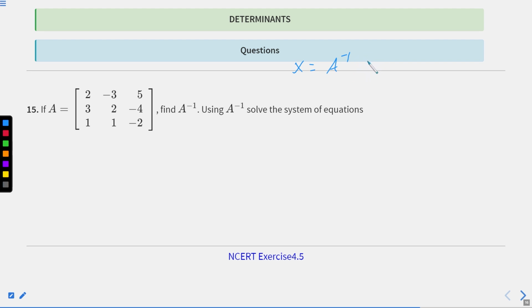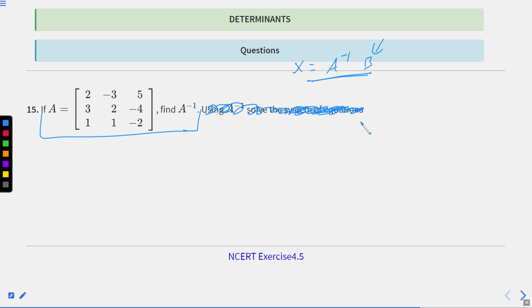Clear? Here we do not have B yet. What is our B? This will not make sense without B, because we do not have B, so how can we solve it? So simply we just have to find the A inverse.